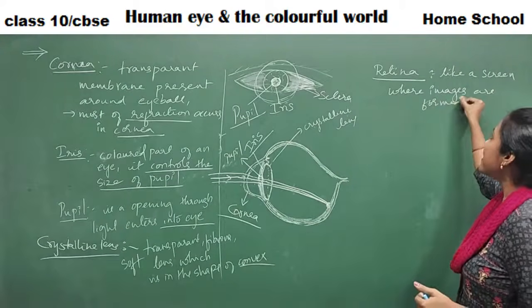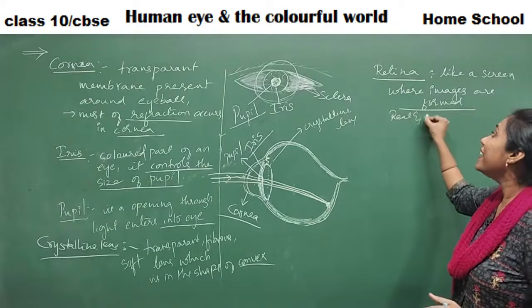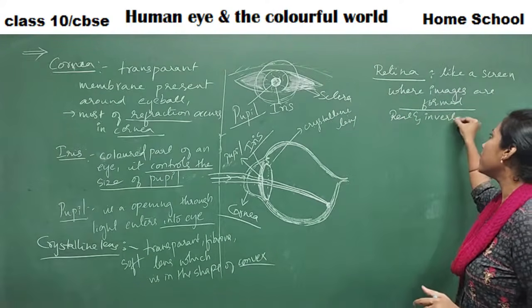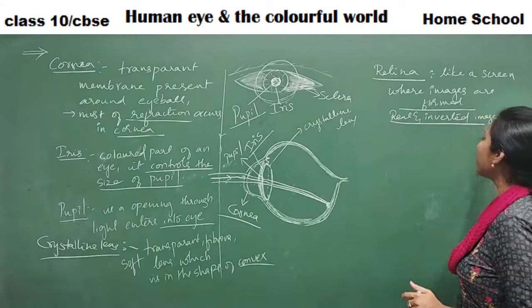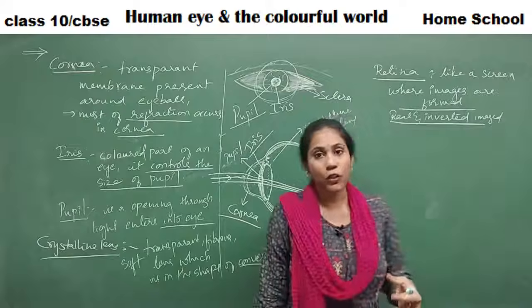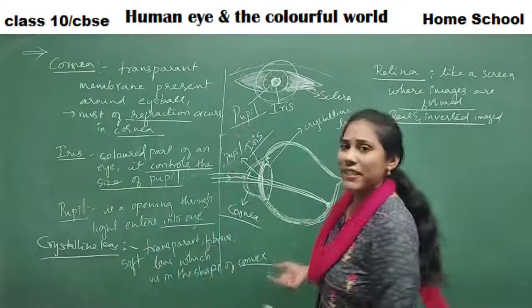You know one interesting thing: always on the retina, real and inverted images are formed. Real and inverted images are formed, guys. Always on a screen, with a convex lens, images are real and inverted. Same concept here.